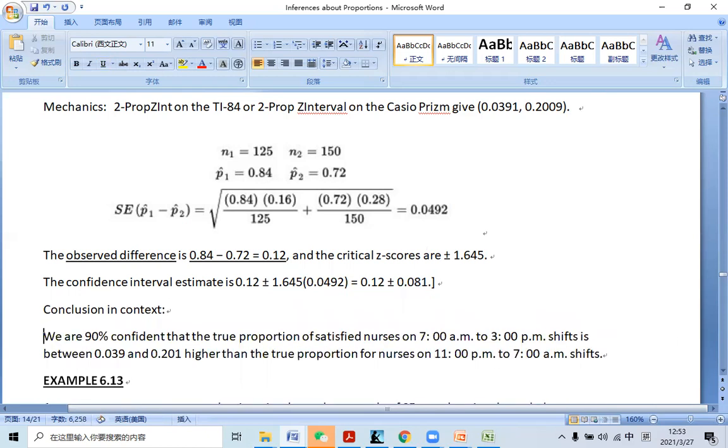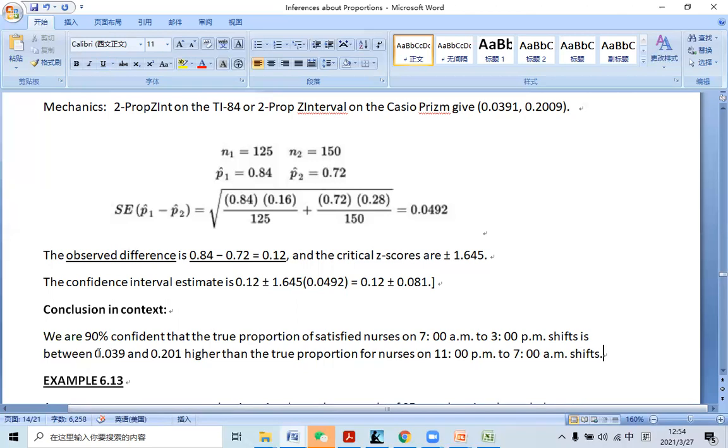And then how you write the conclusions, you can write the conclusions in context. You are 90% confident that the true proportion of satisfied nurses on the day shift versus night shift is between 0.039 and 0.209 higher than the true proportion of nurses in the night shift.